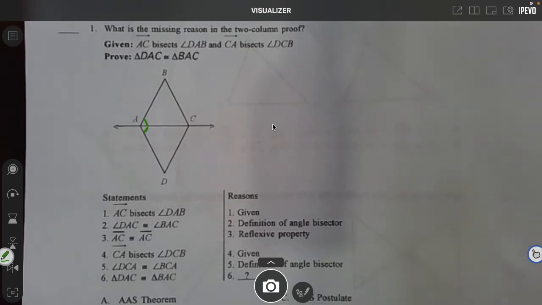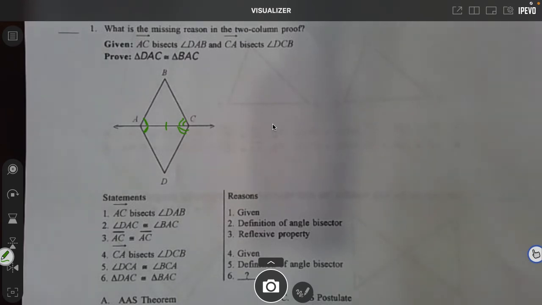Then it tells me AC is congruent to itself because of the reflexive property. So I'm marking that. Then what does it tell me? CA bisects DCB. So these two angles are congruent, right? By the definition of bisects. So now I'm at step 6.